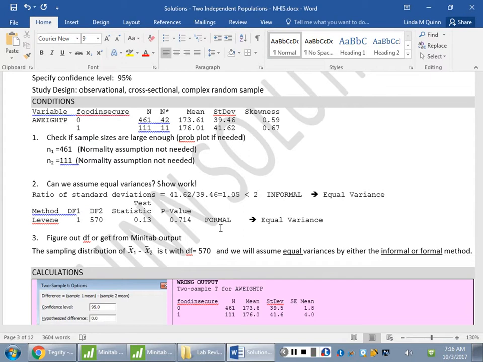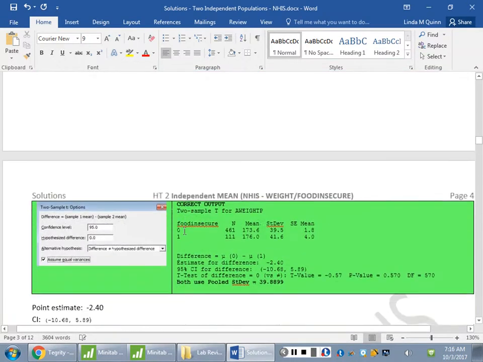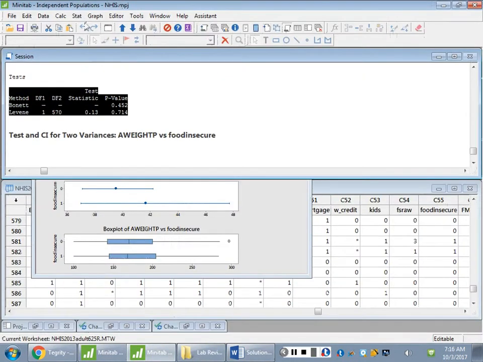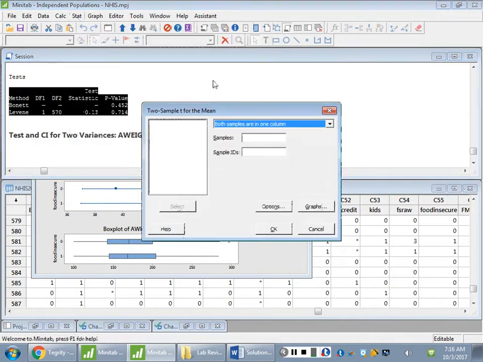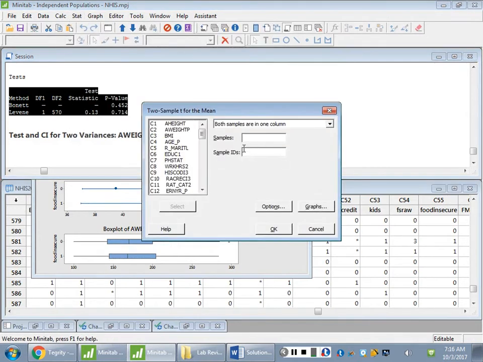All right, so let's go to the calculation section. We go up to Stat, Basic Statistics, 2 Sample t. I pick my response variable, which is weight, and my explanatory variable, which is food insecure. I go to my options.